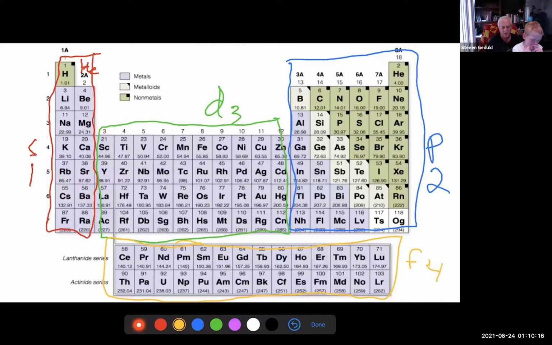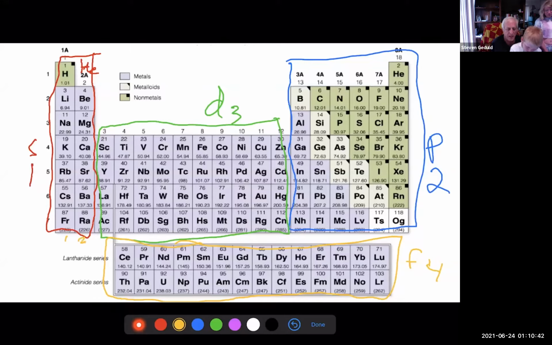So whenever we have an element, we can just count across the periodic table and go through each of those sections. When we do that, we end each section where it ends at the markings on the periodic table. With the S's, we're going to end with S2, because here's 1 and 2.